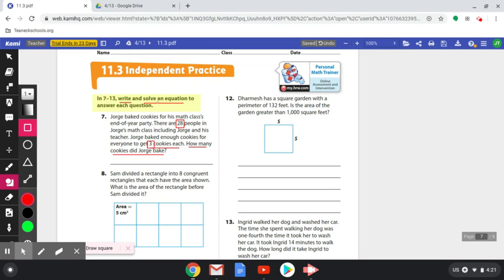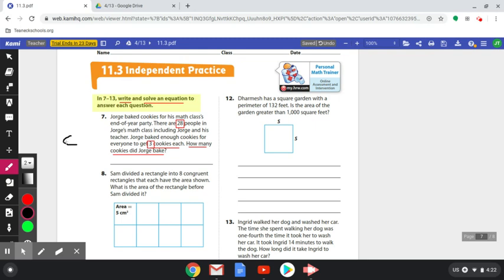Write and solve an equation. Let's write it. So we don't know how many cookies he baked in total. I'm going to use C. We don't know how many he baked in total, but we know that those 28 people got 3 cookies each.